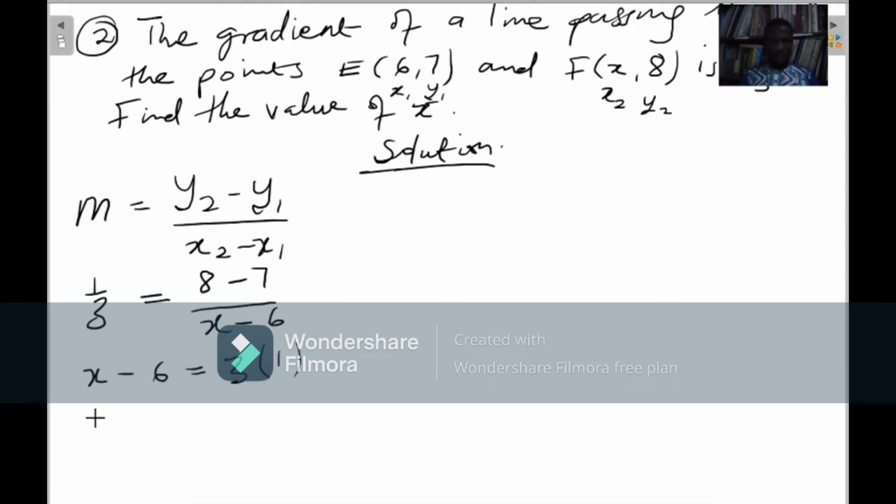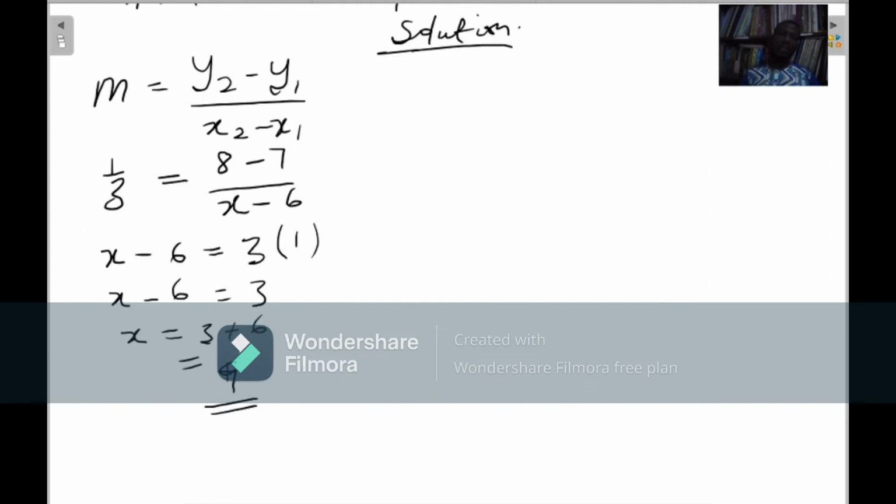So we have x minus 6 being equal to 3. Now x will be equal to 3 plus 6, which will be equal to 9. What this means for us is that the points E and F will have the gradient 1/3 when the x component of the second point is 9.